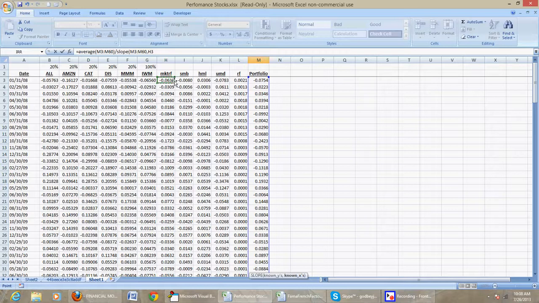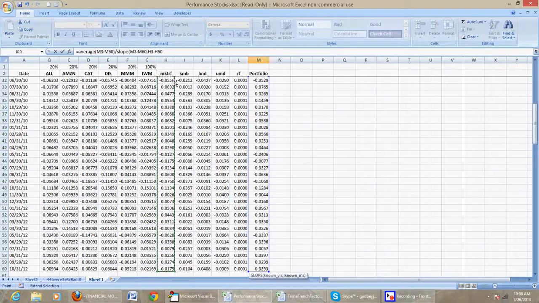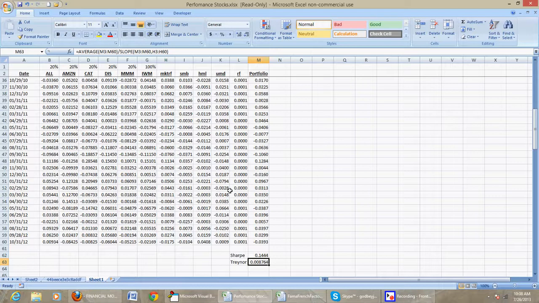So like my portfolio has the risk-free rate subtracted, so does the market, and that's my Treynor measure. Now I can put those in a good format.